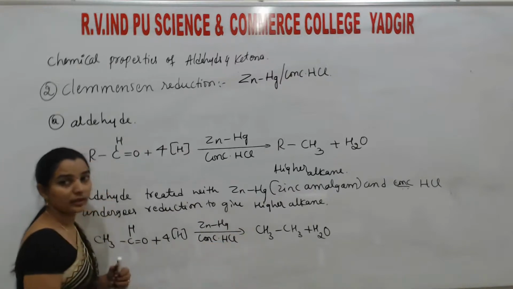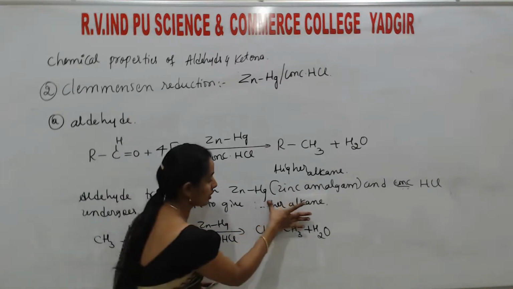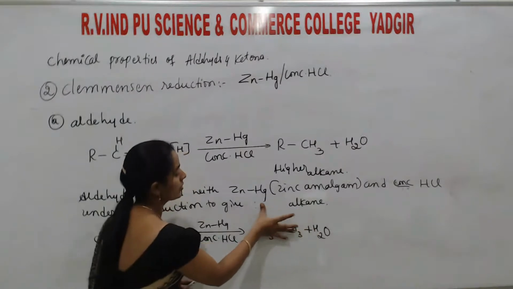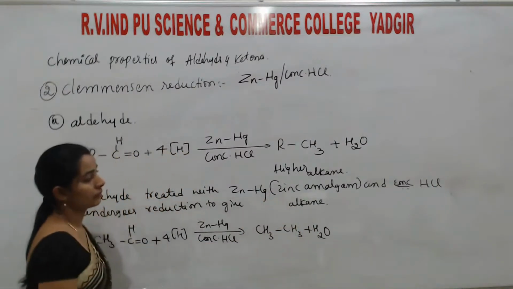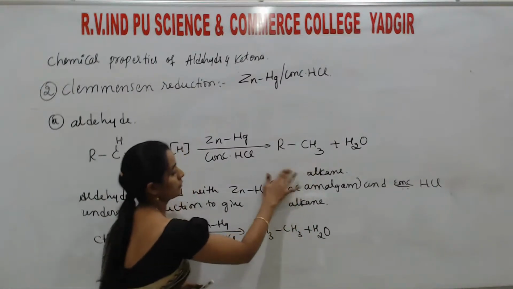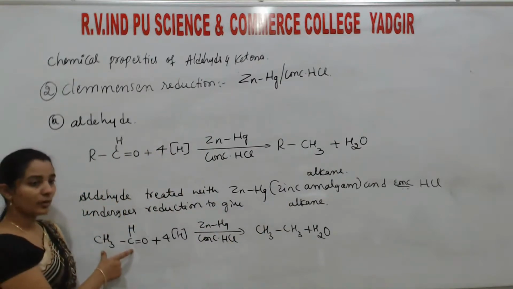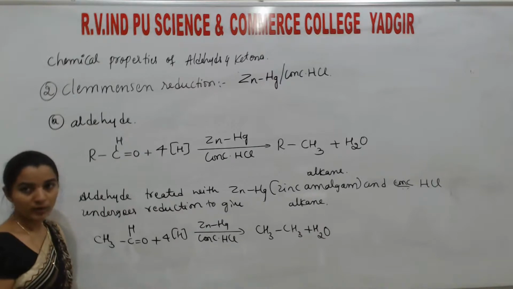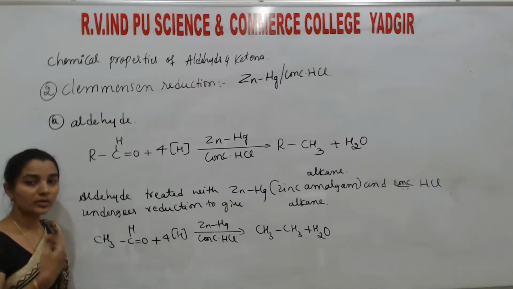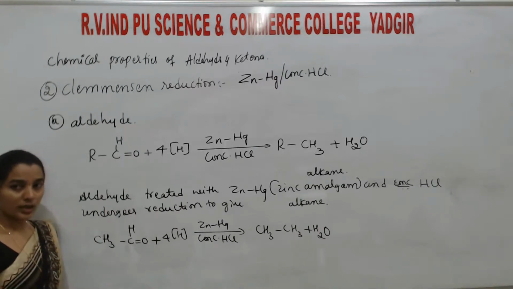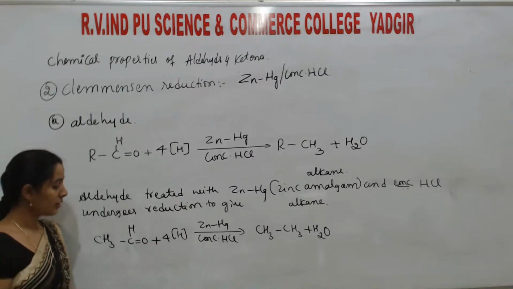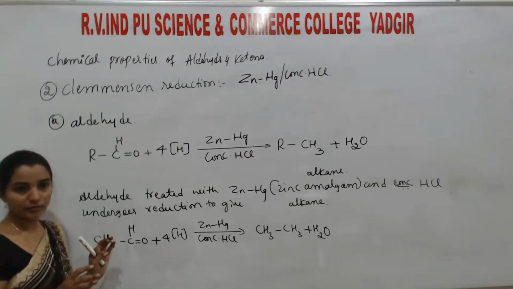Which one is it? Ethane. Instead of higher alkane, you take alkane, because here there are 2 carbon atoms and there also 2 carbon atoms. Higher alkane means one carbon more. The same number of carbons in the parent chain is there, so to give alkane is enough.